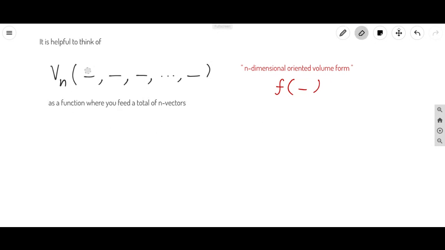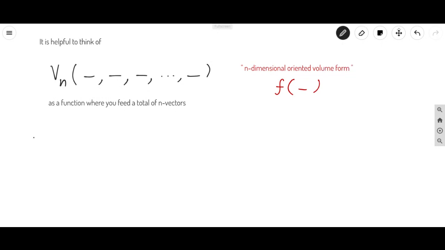Your inputs are vectors themselves. When you have a linear function, you could say it's a function of n variables, but the variables are all real numbers. Here, you would say it's a function of n variables, but the variables are all vectors. So that's why the technical name is a form. But anyway, that's what it is.